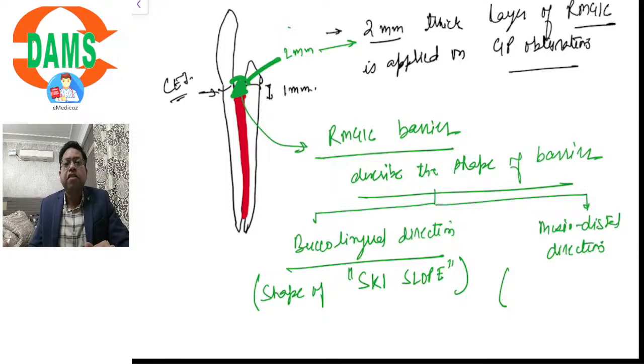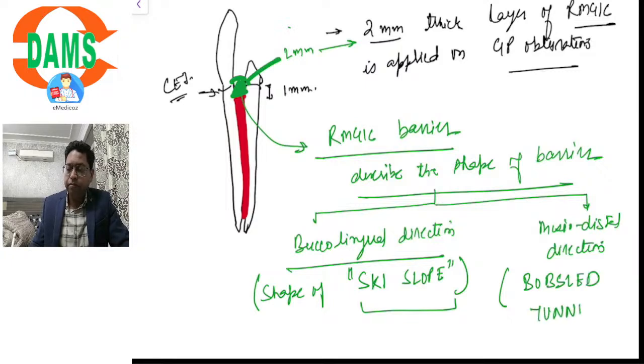This barrier is described as having the shape of a ski slope when viewed in the buccolingual direction, and the shape of a bobsled tunnel in the mesiodistal direction. These are the two terms which are used to define the shape of the RMGIC barrier, in the buccolingual or the mesiodistal direction, respectively.